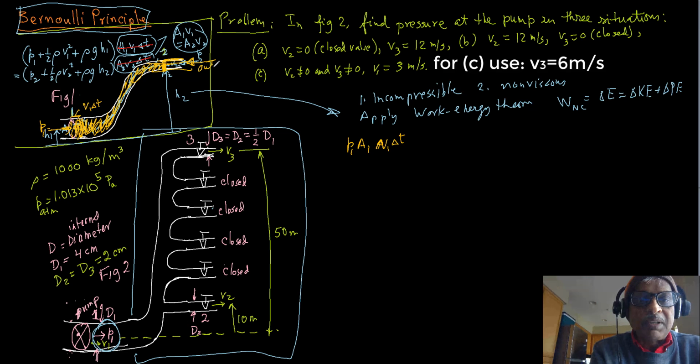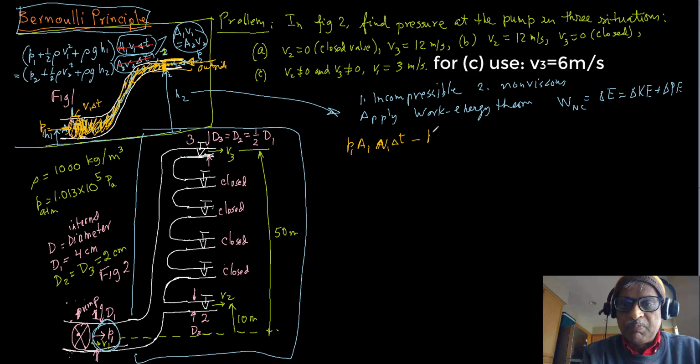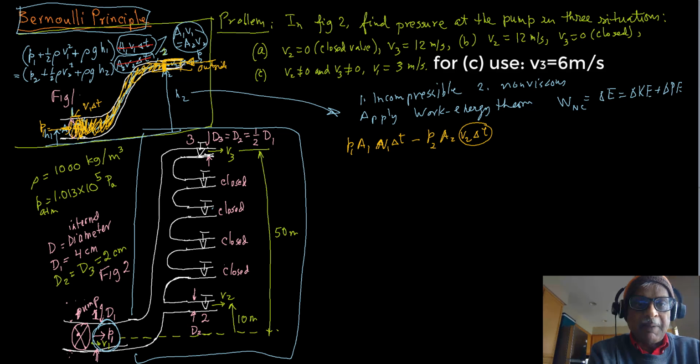This is outside. So I'll lose P2 A2 V2 delta T. This is the distance it will travel over here. Over that distance, this system will lose energy. Now how much did the energy change?